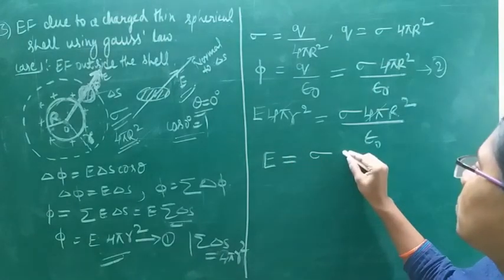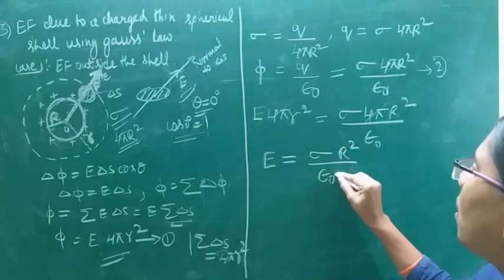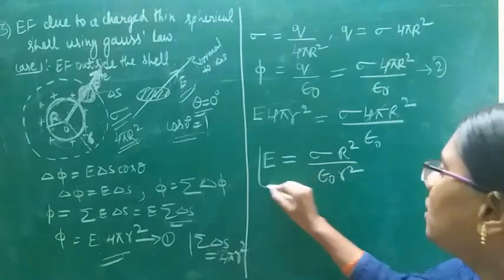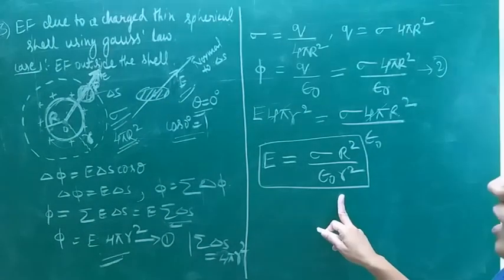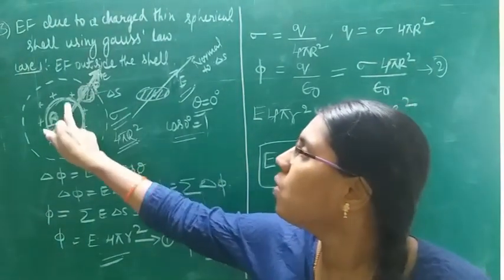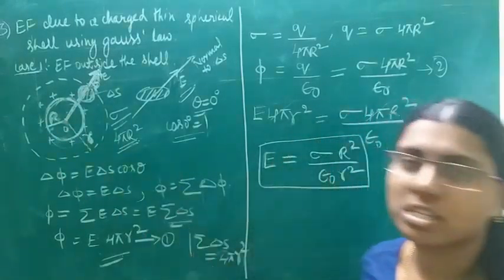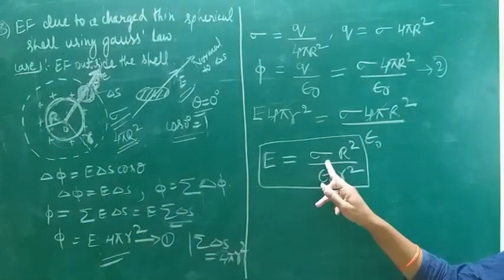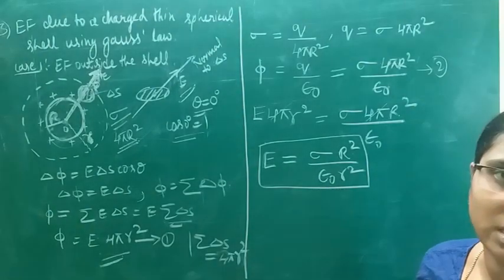Therefore, E is equal to sigma capital R square in the numerator, then epsilon naught small r square in the denominator. This is the expression for electric field at any point outside the spherical shell. That is E is equal to sigma into R square divided by epsilon naught into r square.